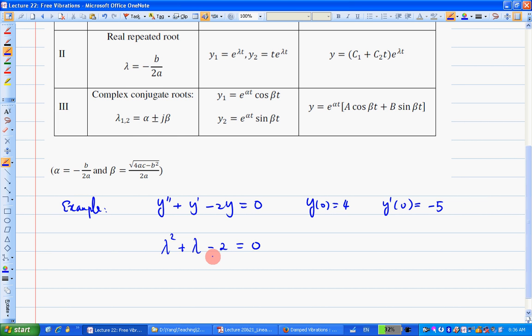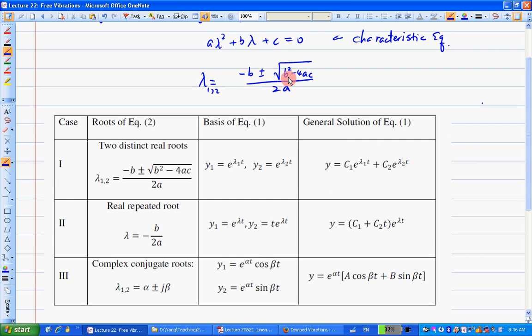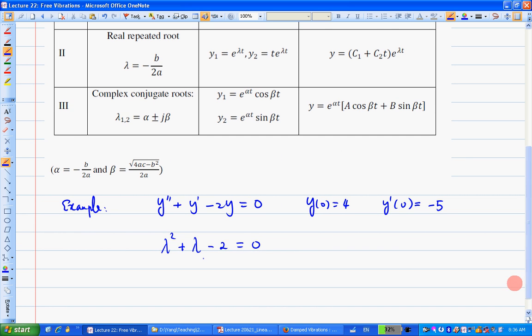If you don't have the training of separating this into factors, you can always go back to the formula here. But if you had training before, when you look at this one, often you can see it directly. You can separate this into factors like this, right?